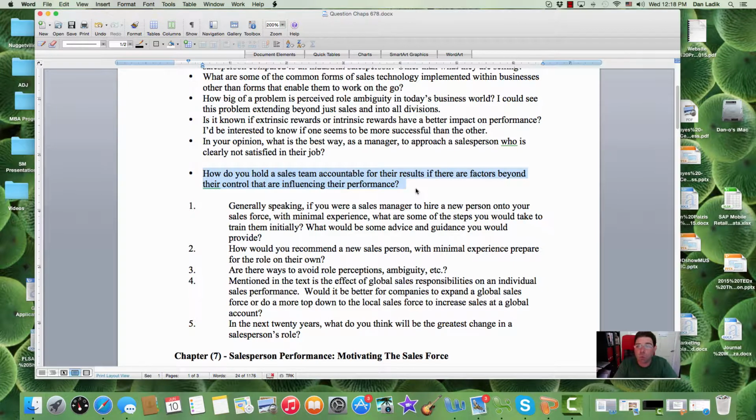They figure out what's going on and what the problem is. Is it avoidable, not avoidable, and how do we go forward? Now, if someone's not satisfied with their job, or there are factors beyond their control, and you're the sales manager, and you see it from their perspective, and you kind of agree with it, then okay. It's part of their quarterly, semi-annual, or annual report.